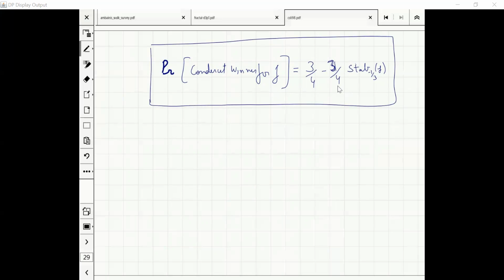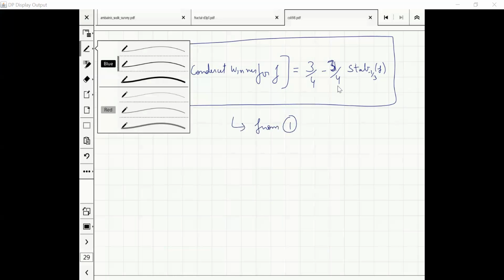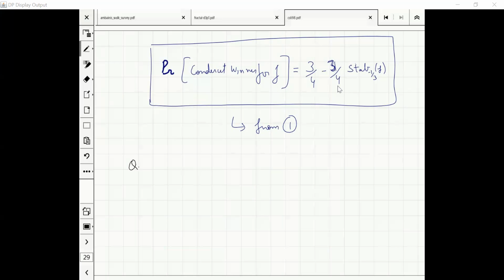Sounds good? This is from 1. Now our task is very, very simple. When is this probability 1? What will be the condition on stability? When the stability -1/3 of f is -1/3. Exactly.